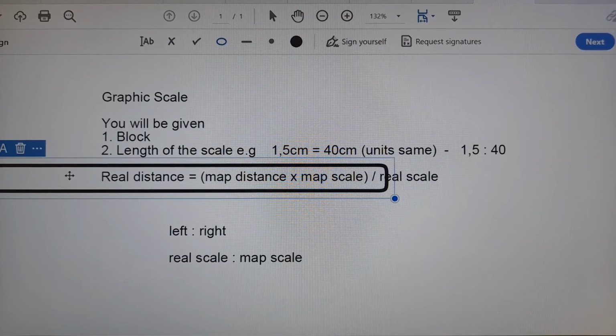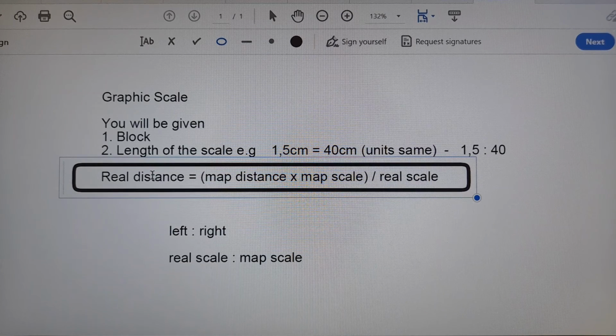It's similar to the numerical scale. So please take note of this formula. Remember, with the numerical scale, real distance was equal to map distance times map scale. That was it, because the ratio was in simplified form.